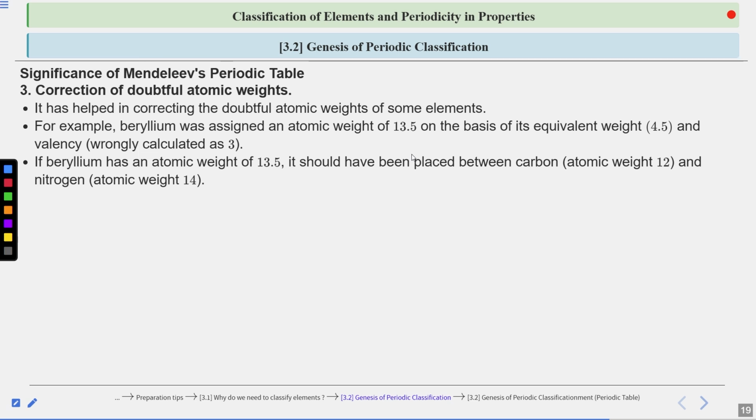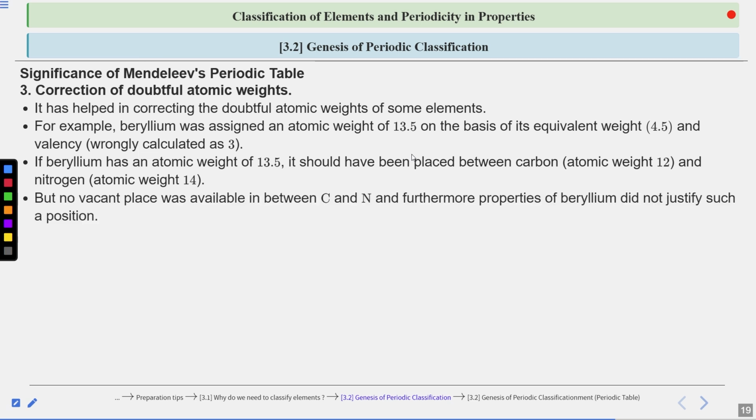And this further came to be true. Similarly, there were no vacant spaces between carbon and nitrogen because beryllium has an atomic weight of 14 and not 13.5.